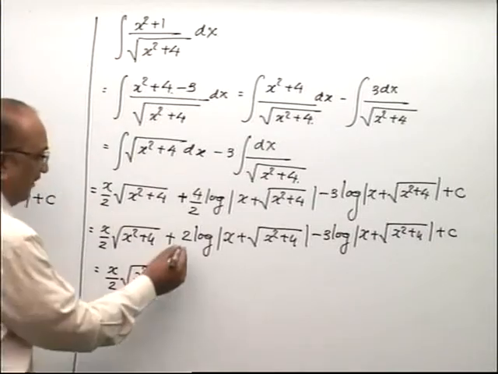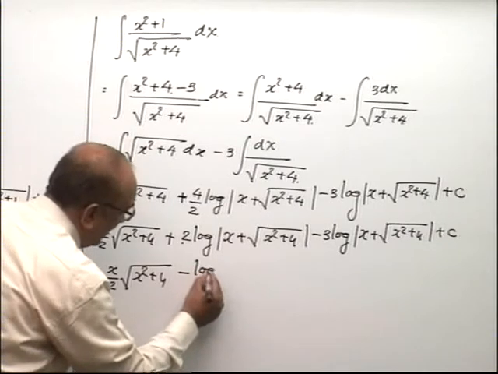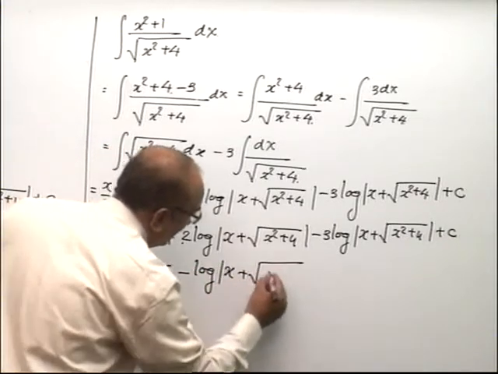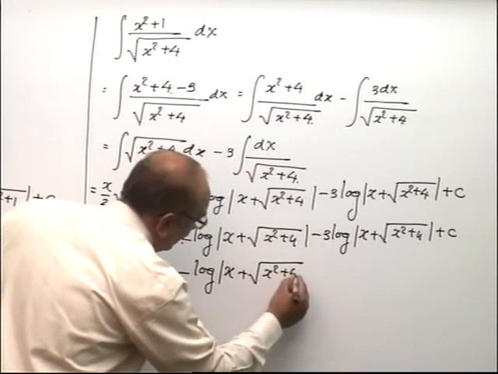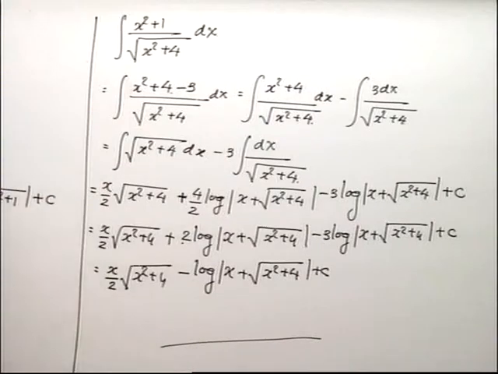What is the final simplification? 2 minus 3 is minus 1. What to write? Minus log modulus of x plus root of (x square plus 4) plus c. Clear? This is the end of the indefinite integration examples.